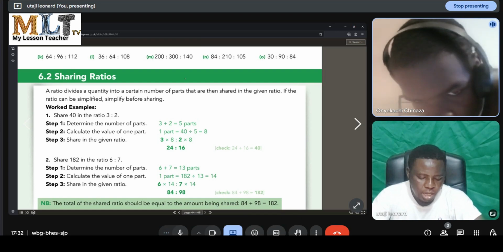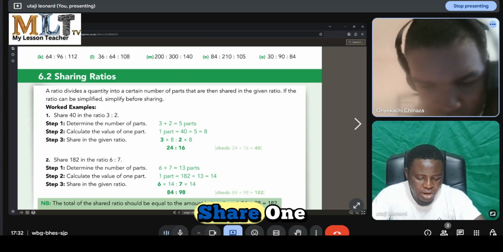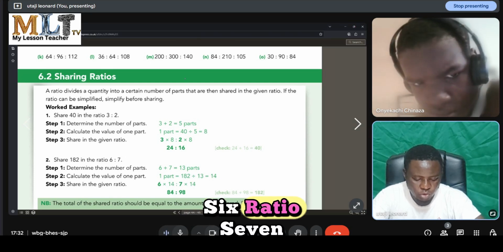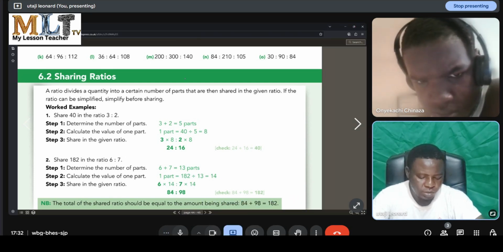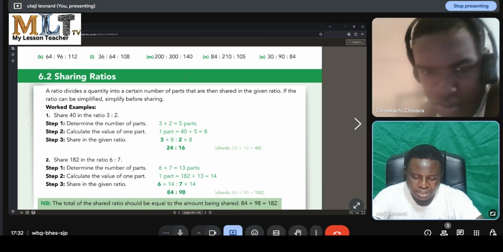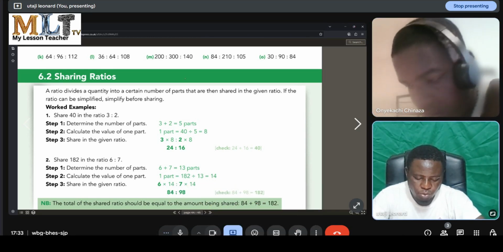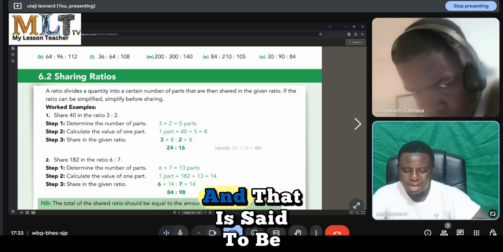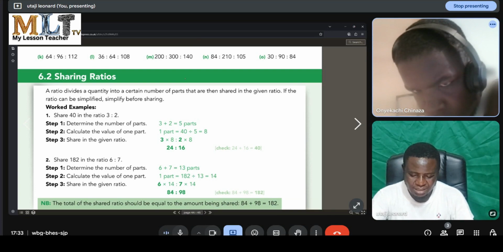All right. Example 2 says share 182 in the ratio 6 to 7. Step 1 says determine the number of parts. How do you do that? Add up each of the ratios. That gives you 6 plus 7, which is 13 parts.